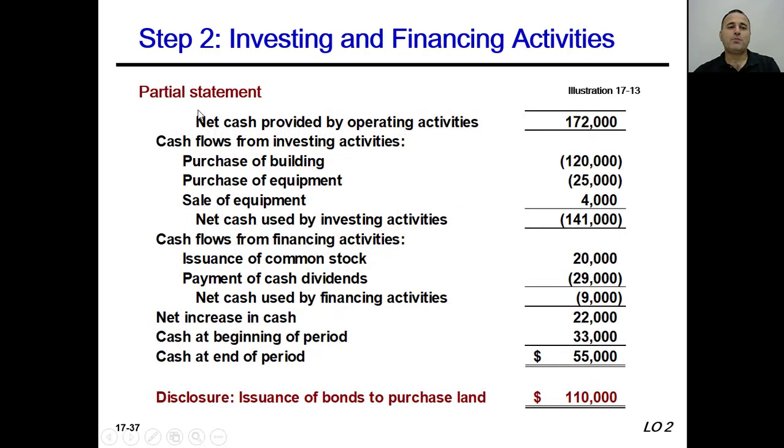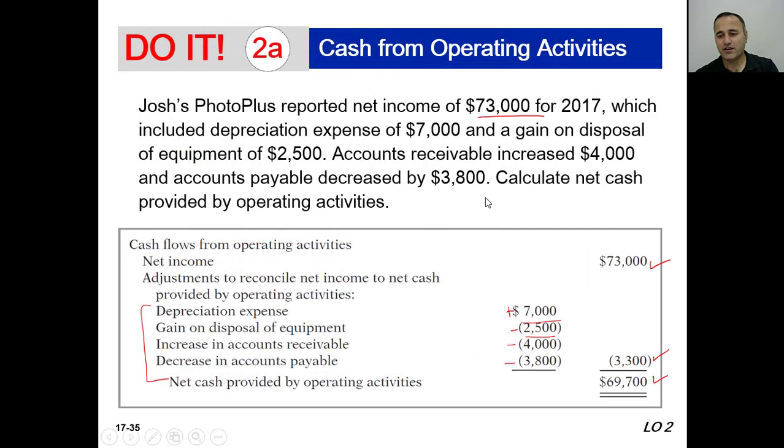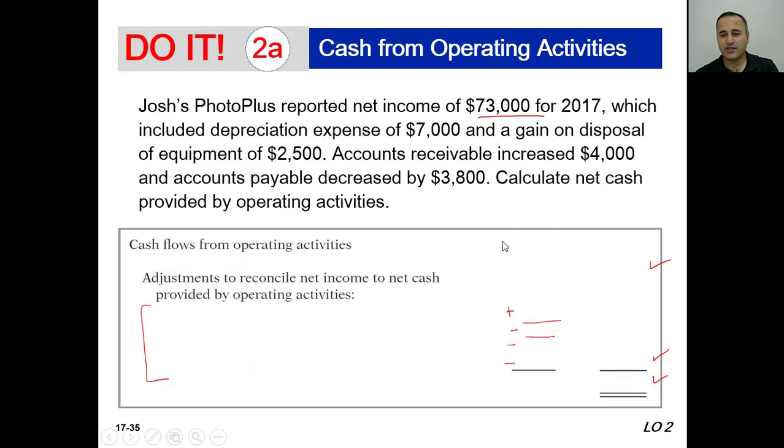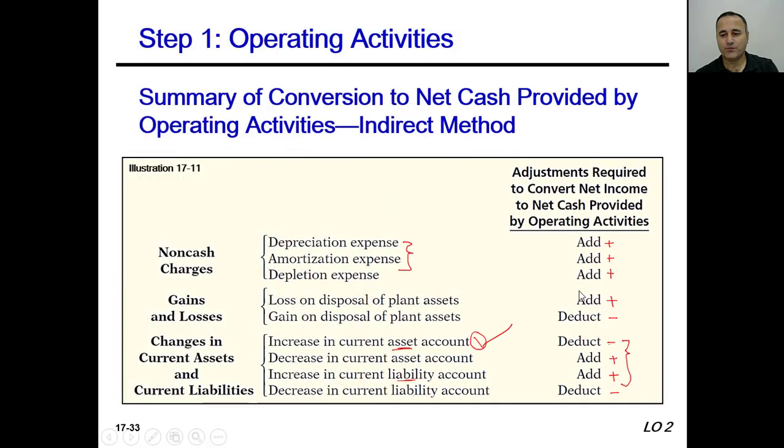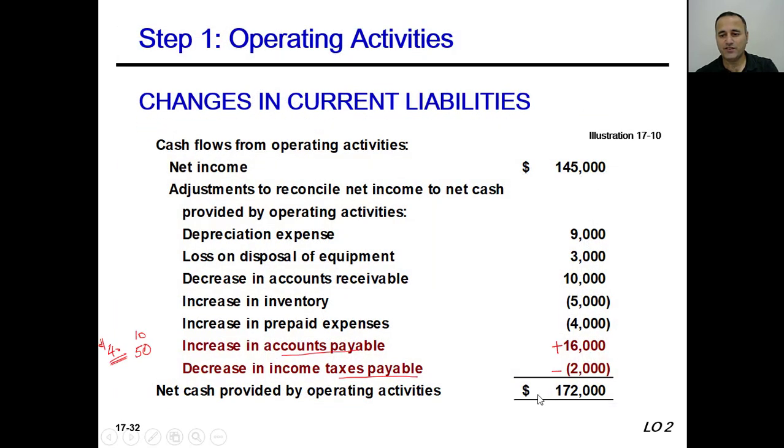So for the partial statement, how do you do that? Net cash flows provided by operating activities is 172. Again, it's coming from the balance sheet. Sorry, we calculated this number. Let me take you back.